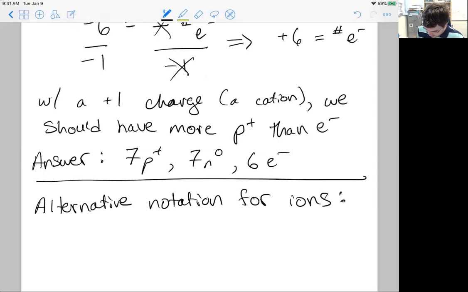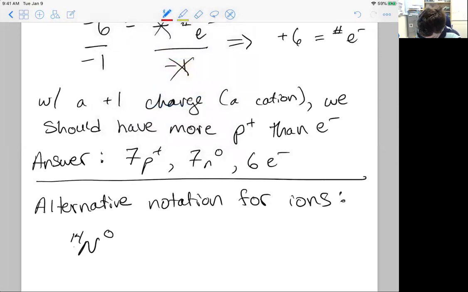What we could do is have the atomic symbol, and I'm going to pick on the example we just looked at: nitrogen 14 with a +1 charge. So 14 superscripted, N normal, and the charge superscripted.